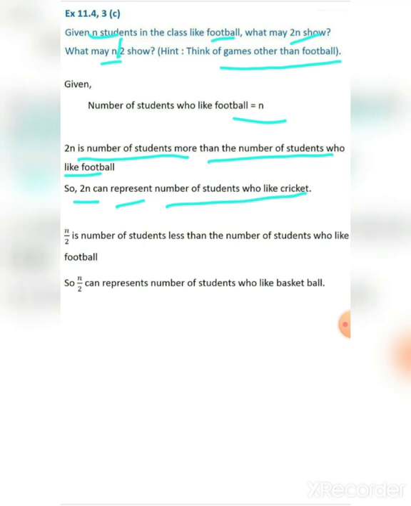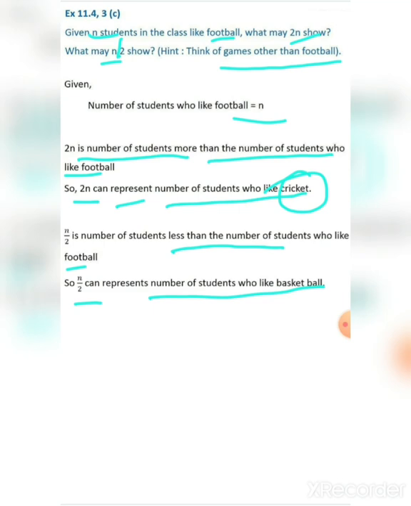N upon 2 is a number of students less than the number of students who like football. So it can represent the number of students who like basketball. So here also you can see more students are liking cricket. I know you would also like to play cricket.